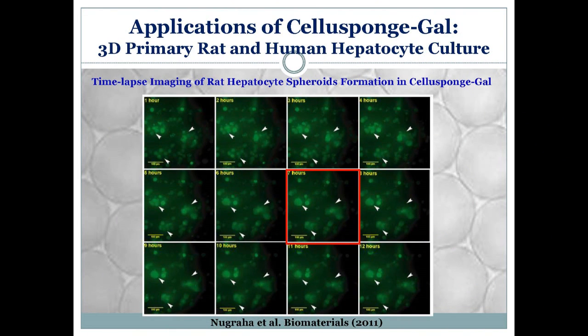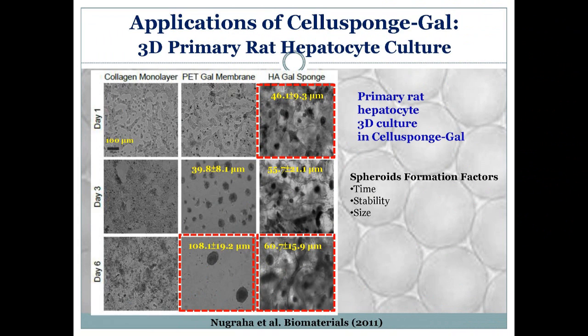This slide shows us the images of hepatocyte culture from 1 to 12 hours after seeding. We can see the hepatocytes form spheroids after 7 hours of seeding. We continue to see the application of Cellosponge coated with galactose.